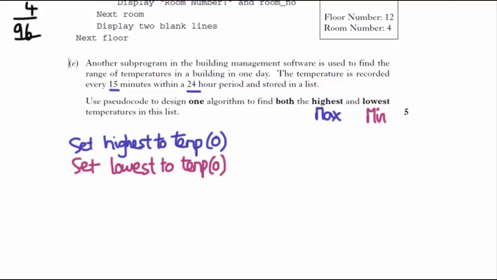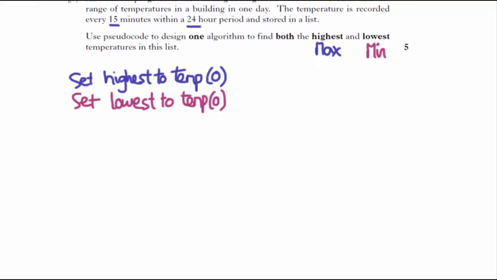Now, any of these algorithms have two parts. You've got a fixed loop that loops through the array the number of times it has elements, but you've also got a conditional statement which looks at the condition. In this case it will set highest to another value if it finds a bigger number in the array, or set lowest to another value if it finds a smaller number.